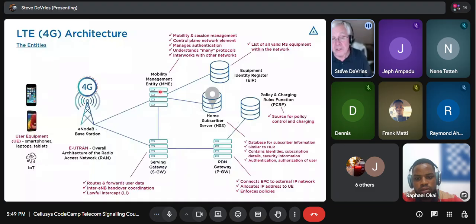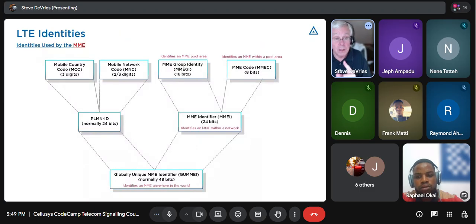So again, this is just an overall look at what each one of these nodes does in a 4G network. The functions are still there, what you did in 3G, except it's a little more concise now, and the key thing to remember is, it's data only.